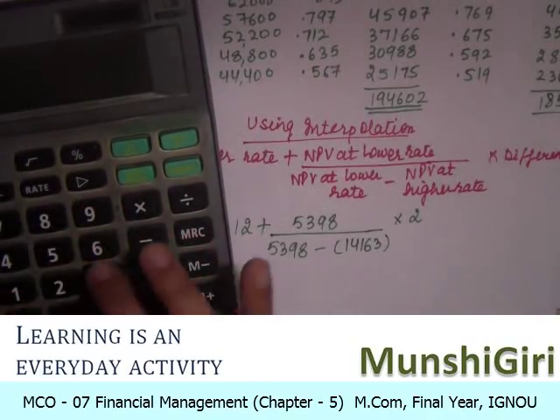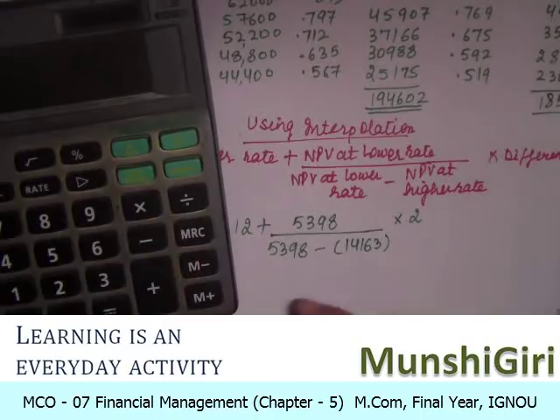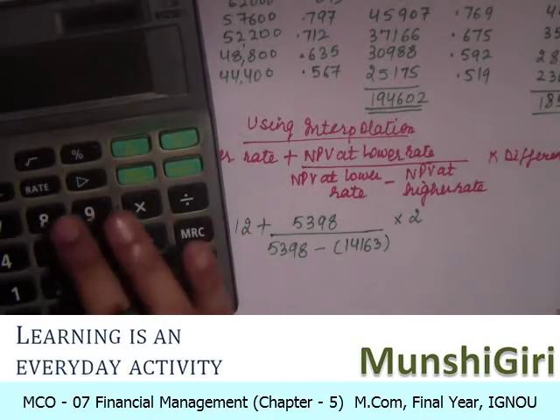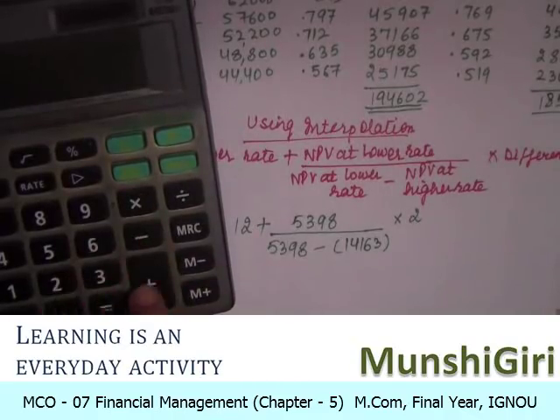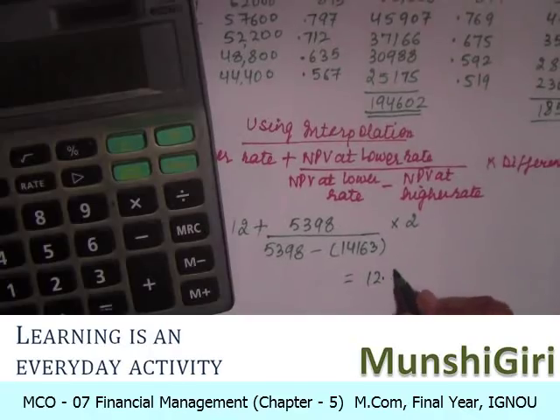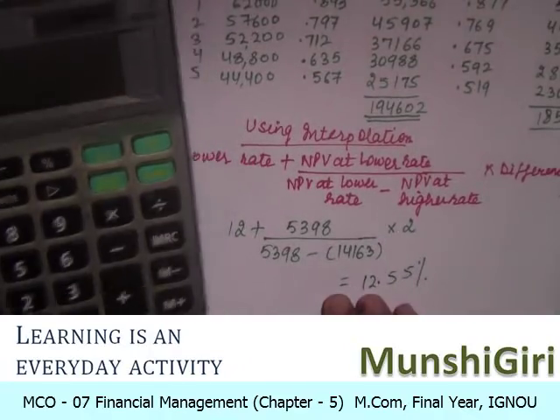So 5,398 divided by 5,398 plus 14,163, into 2, plus 12. So this comes out to be 12.55%.